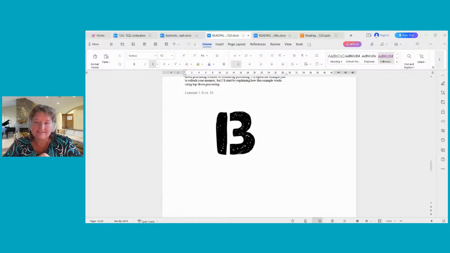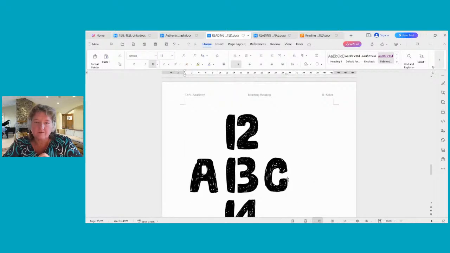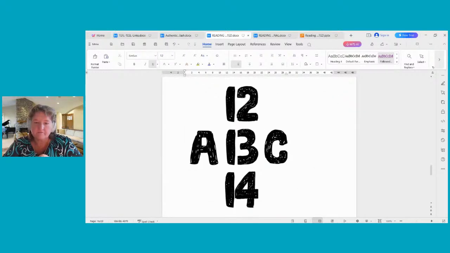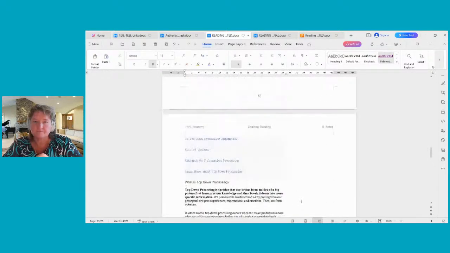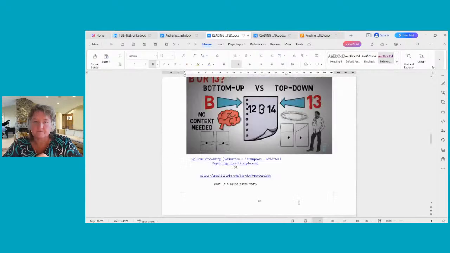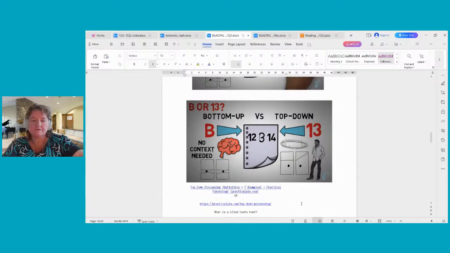Yes, that's the thing. Is it a letter B or is it a number 13? That's exactly right. So I'm going to show it to you this way to make it even more obvious. So if you said a B, what would that be? Top down or bottom up processing? And if you said 13, what would that be?